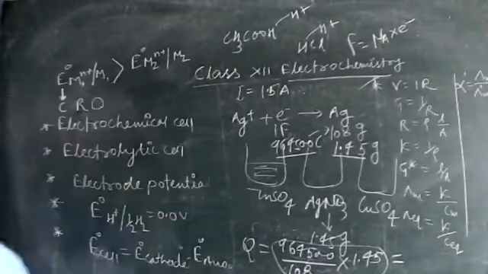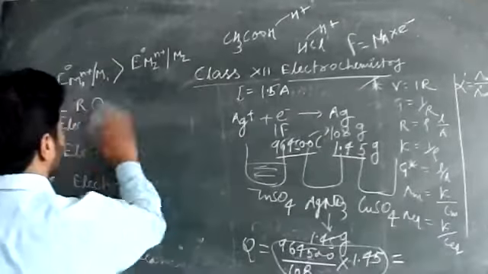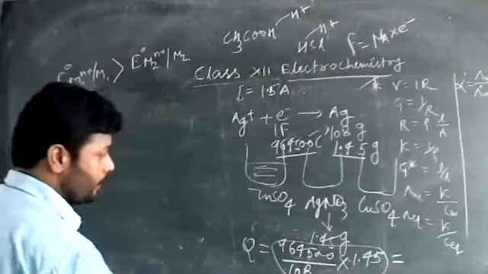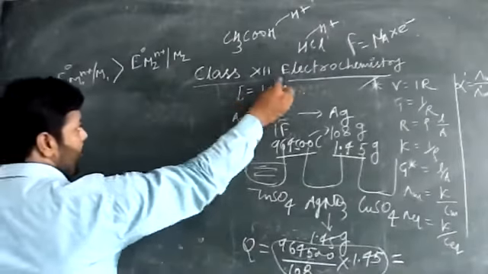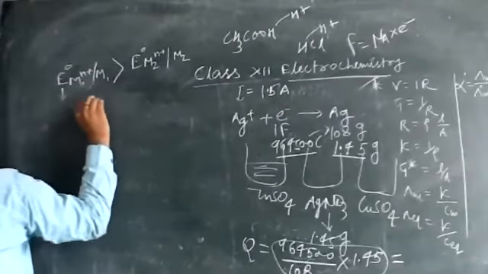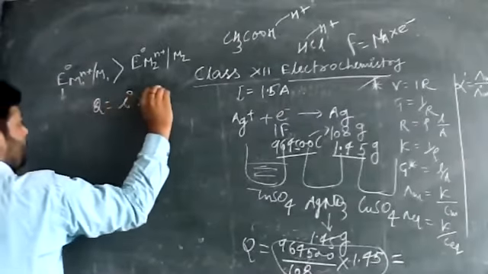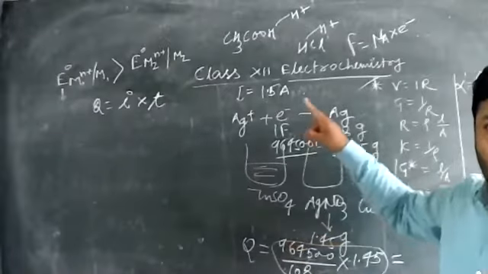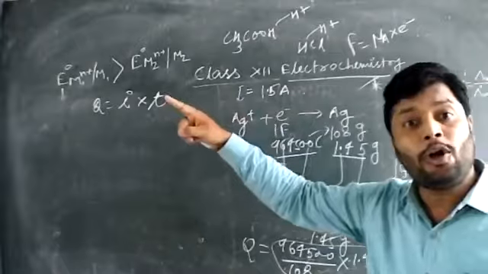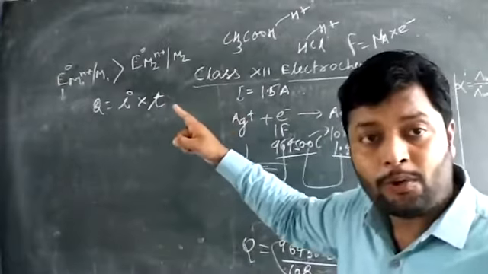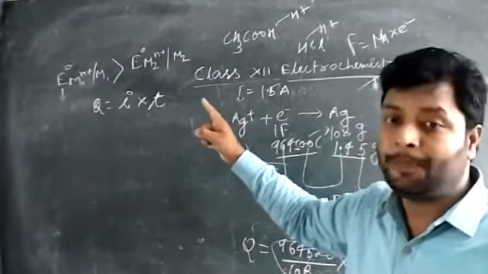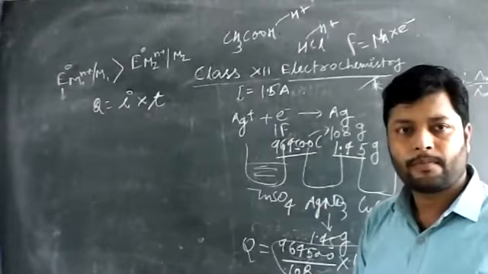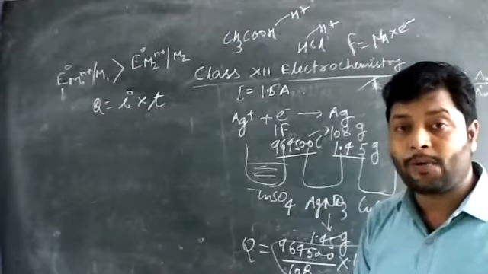Class, we have I and we know the formula: Q equal to I into T. So there will be a value of Q, I is given, and you can calculate how long the current was passed. So you can calculate T from this given equation.